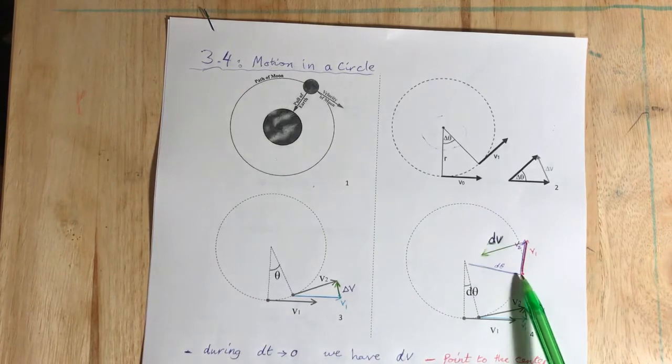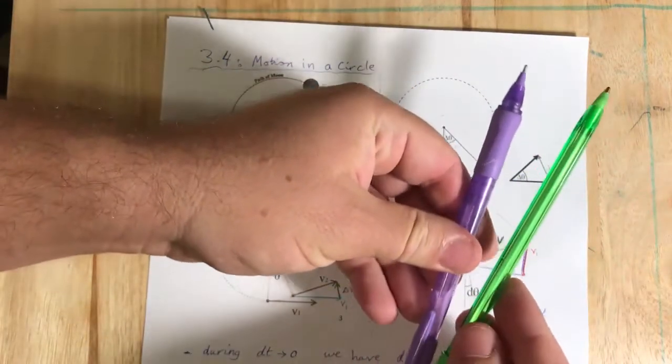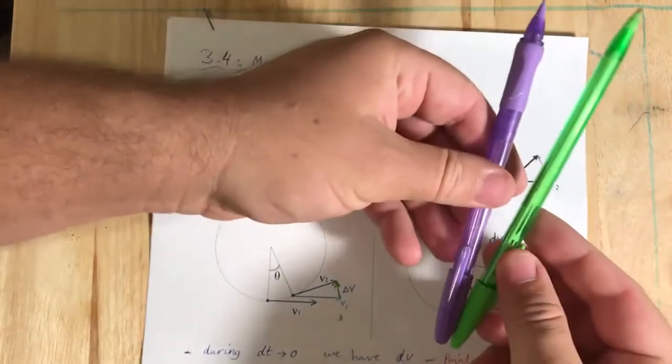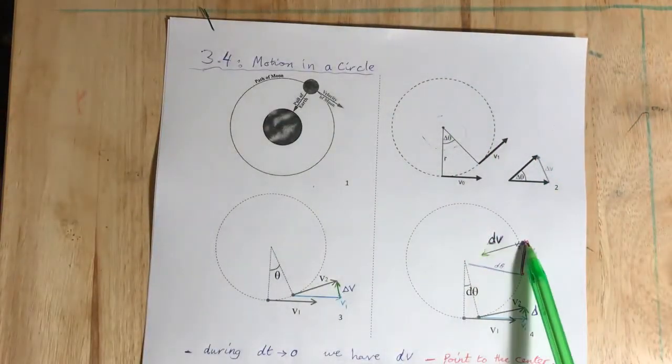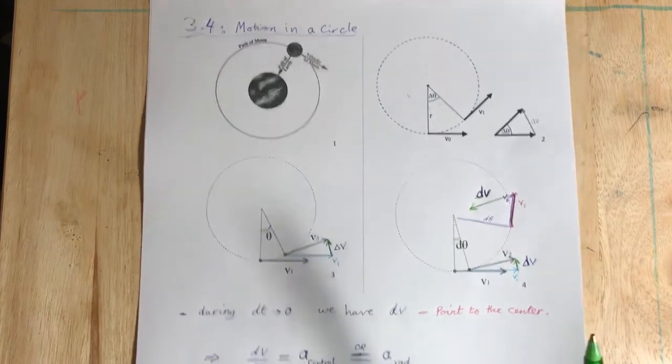Look here, we have v1 in red, v2 in purple, and when they come to be at almost the same point, the direction of the change in velocity will point to the center of rotation.